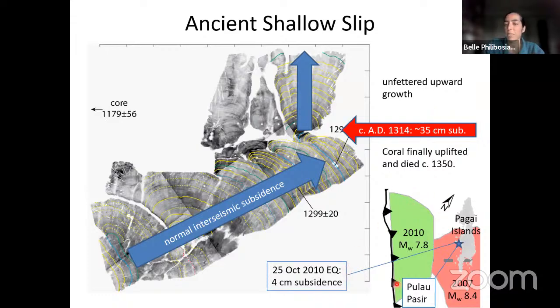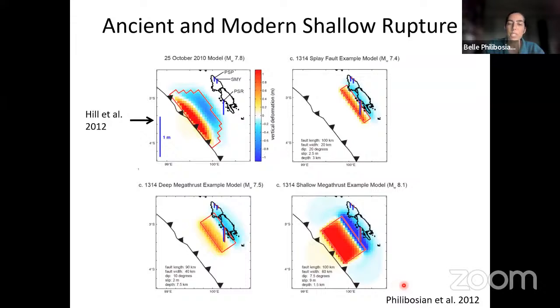So it's perhaps occurred in the same area, but not identical. We did a few models of this event. We don't have a lot of data, obviously, it's just one site, but we determined that in comparison to 2010, the 1314 event would have needed to be significantly deeper on the interface. Still probably would have been known as a tsunami earthquake, but not quite as shallow as the one in 2010.